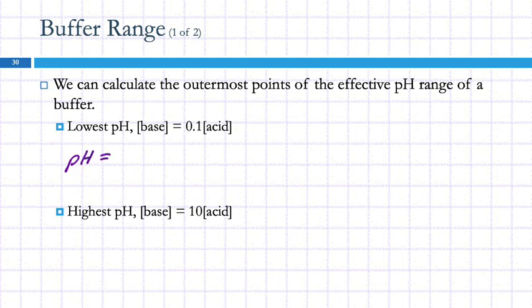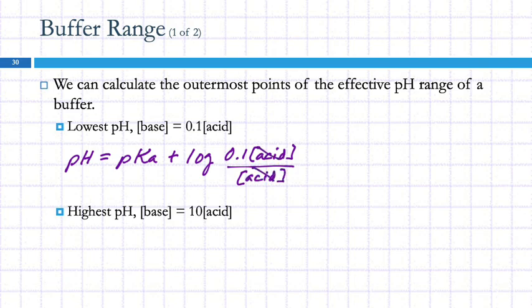So the pH will equal pKa plus the log of the base over the acid. Well, the base is equal to 0.1 acid, right? So 0.1 times the acid concentration divided by the acid concentration.